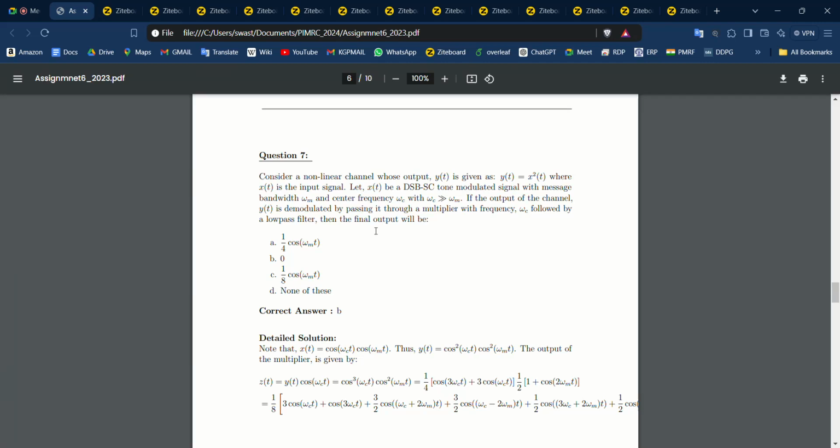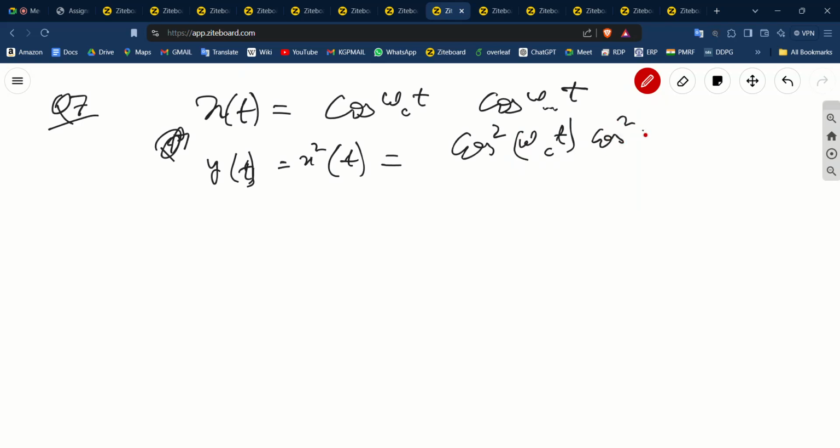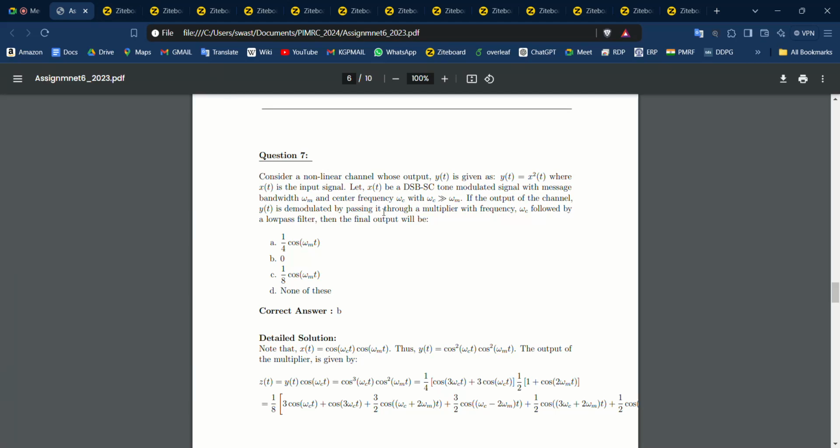Now the output of the channel is y(t), where y(t) is equal to x squared(t). Okay, done. Now the output of the channel y(t) is demodulated by passing it through a multiplier of frequency omega c followed by a low pass filter.